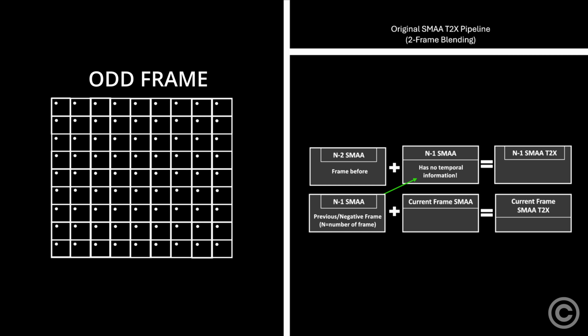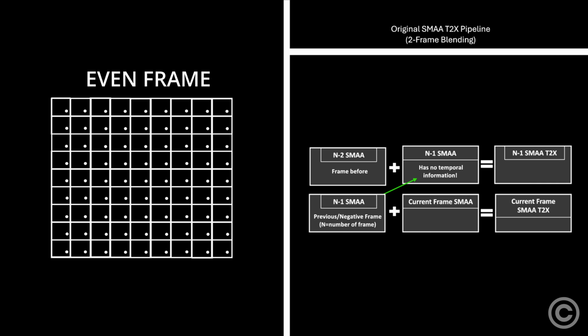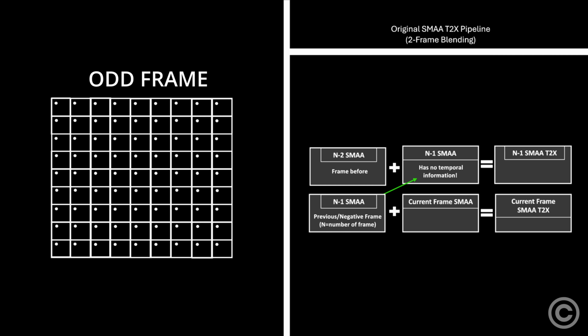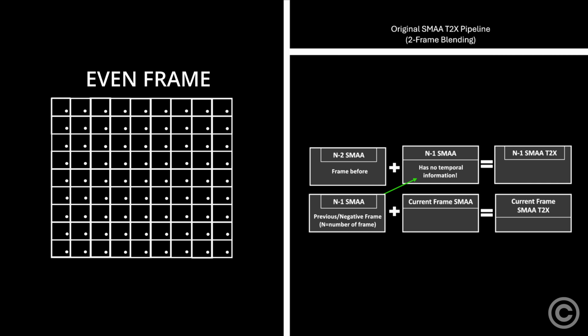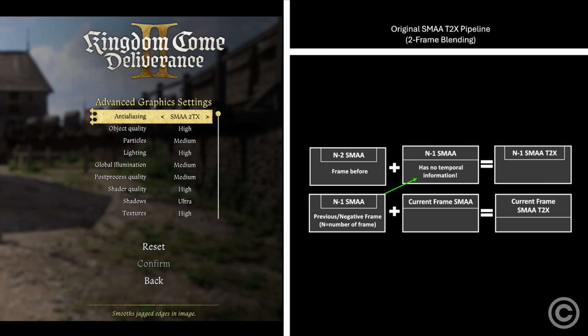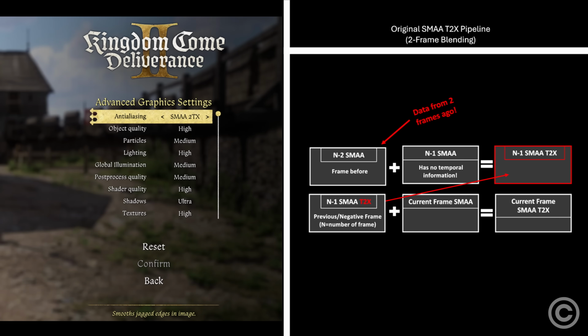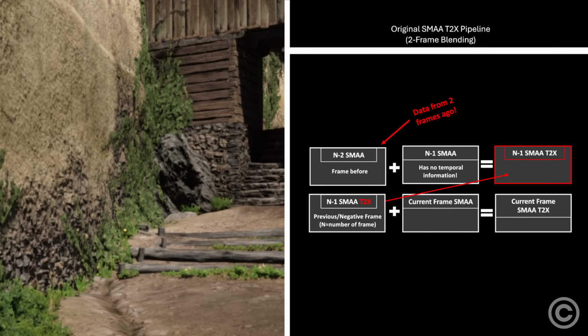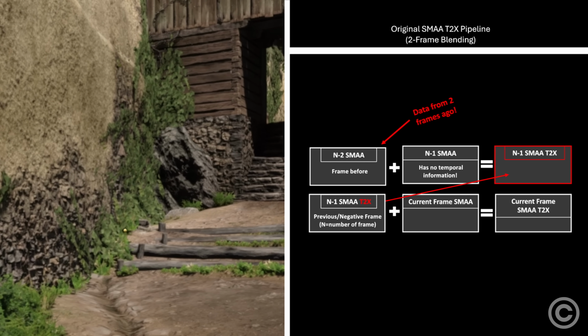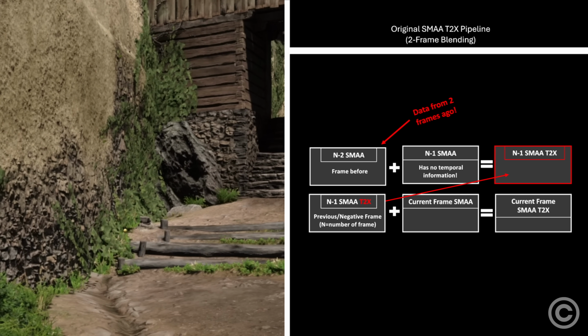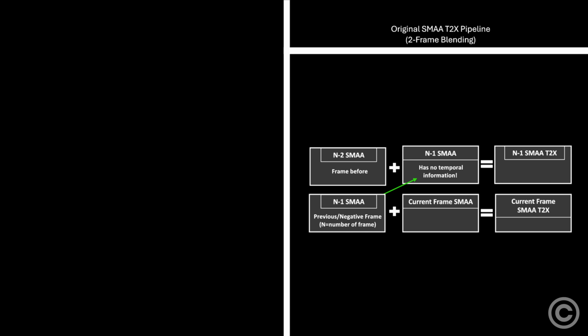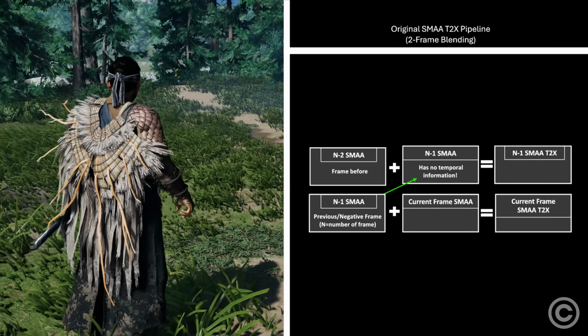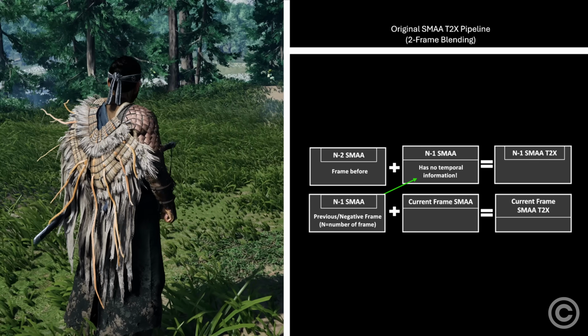Now, if you have ever encountered very blurry SMAA T2X or SMAA 4X, that is because those games, like the Crysis Remastered series and KCD2, are using the last frame's temporally resolved output as an accumulation buffer. Finding a true implementation of this two-frame blending is extremely difficult, and the newest implementation of semi-correct temporal SMAA is the SMAA 2TX and the PC port of Ghost of Tsushima.